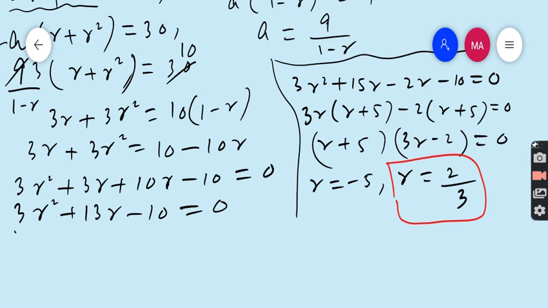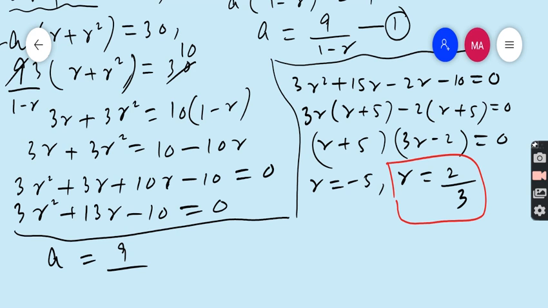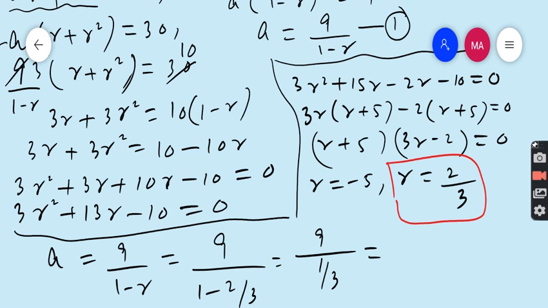So put this value of r in this equation, equation number 1. So A is equal to 9 upon 1 minus r. r is 2 upon 3. So 9 upon 1 minus 2 upon 3 is 1 upon 3. And this 3 should be multiplied by 9. 9 threes are 27. This is our final answer.